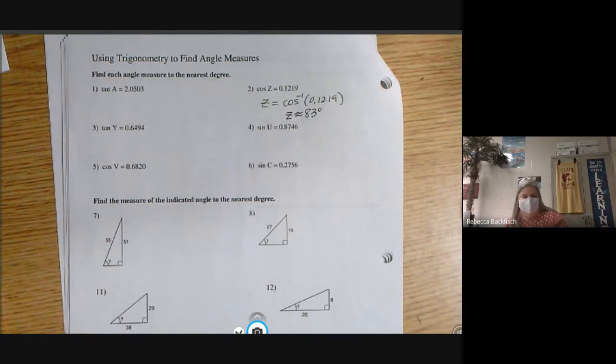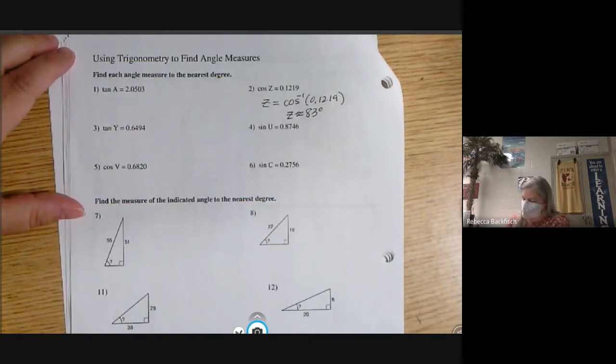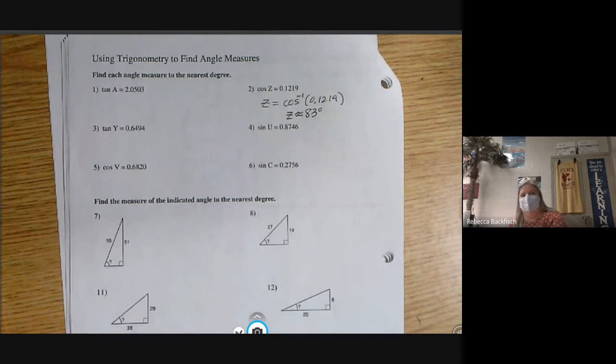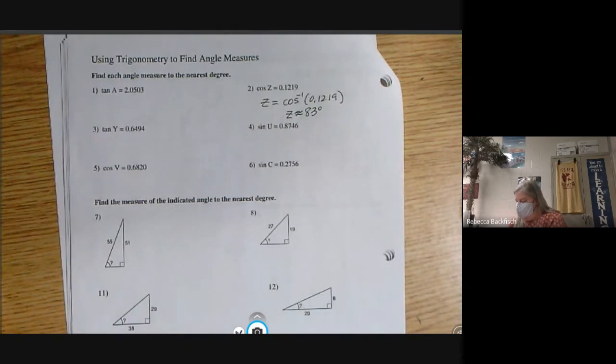Olivia, what angle did you get for number 3? Okay, what about Carden?